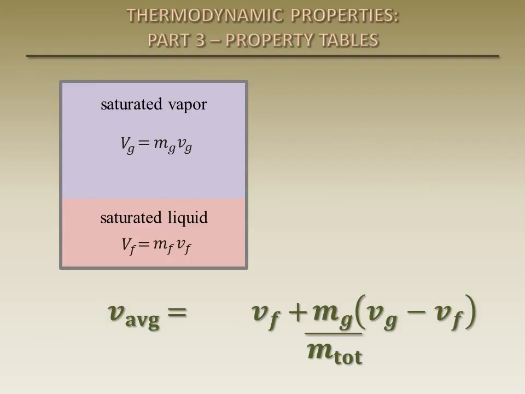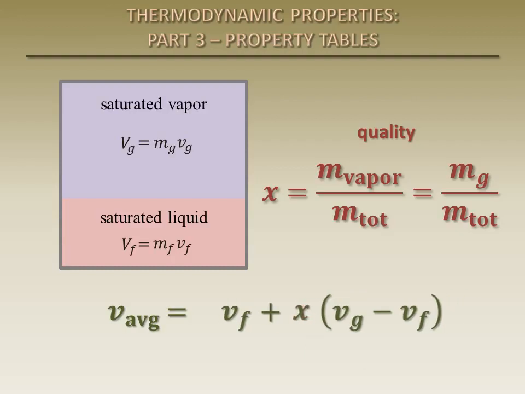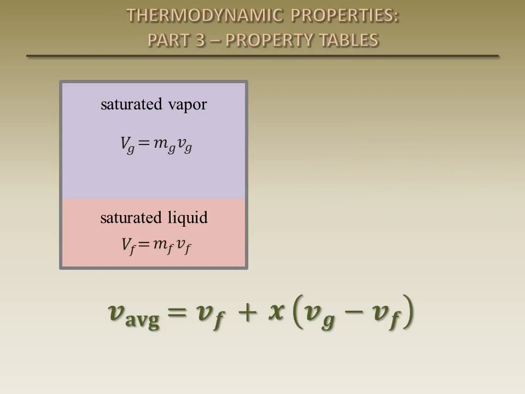We recognize now that the mass of the vapor over the total mass is, by definition, equal to the quality of the mixture. Finally, we define the property Vfg as the specific volume of the vapor minus the specific volume of the liquid.